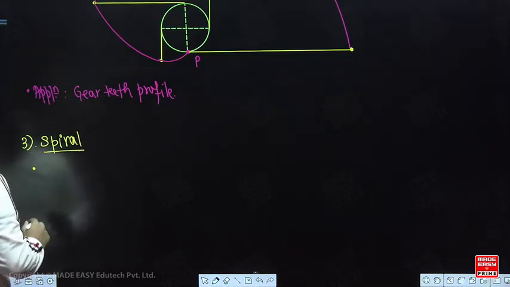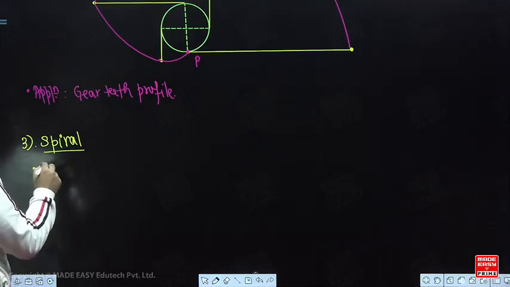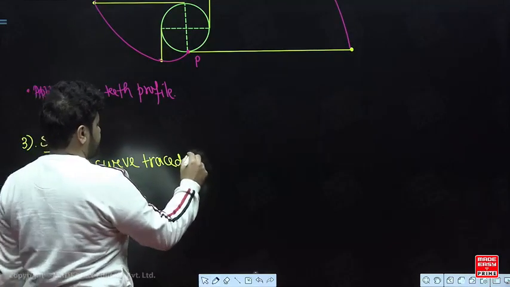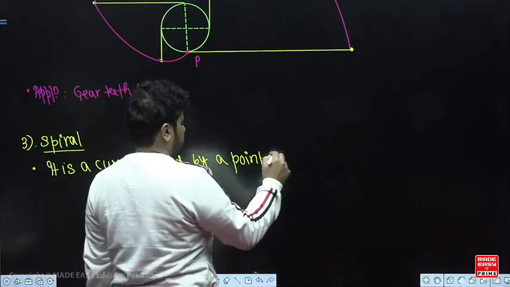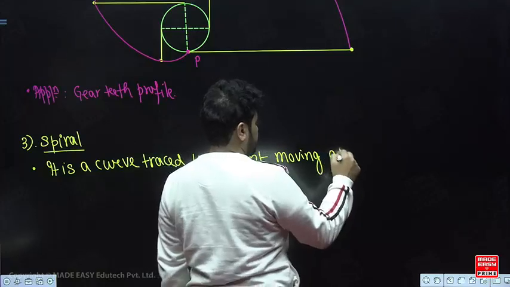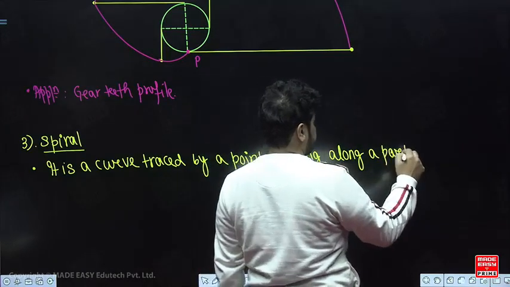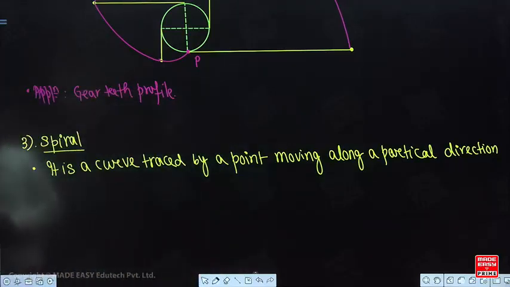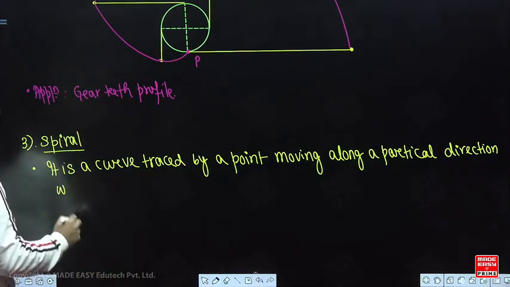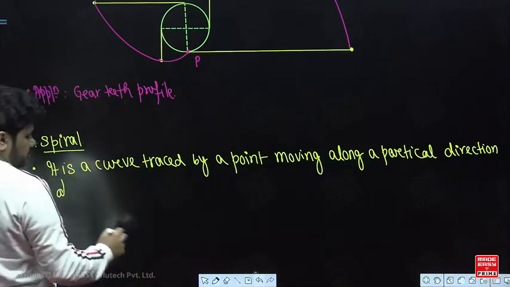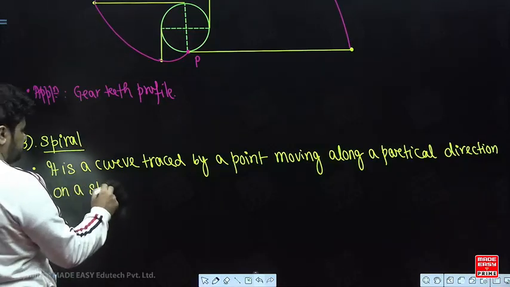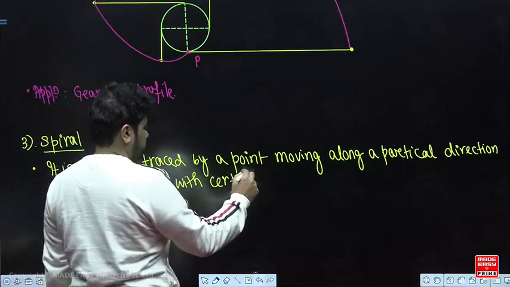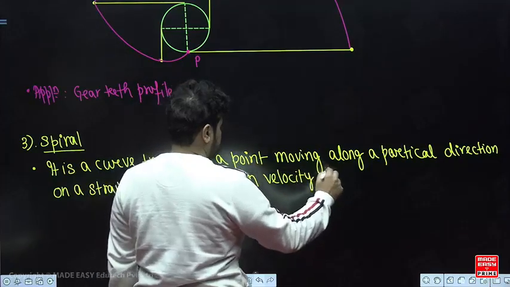See, it is a curve traced by a point moving with certain velocity v, moving along a particular direction on a straight line with certain velocity v.